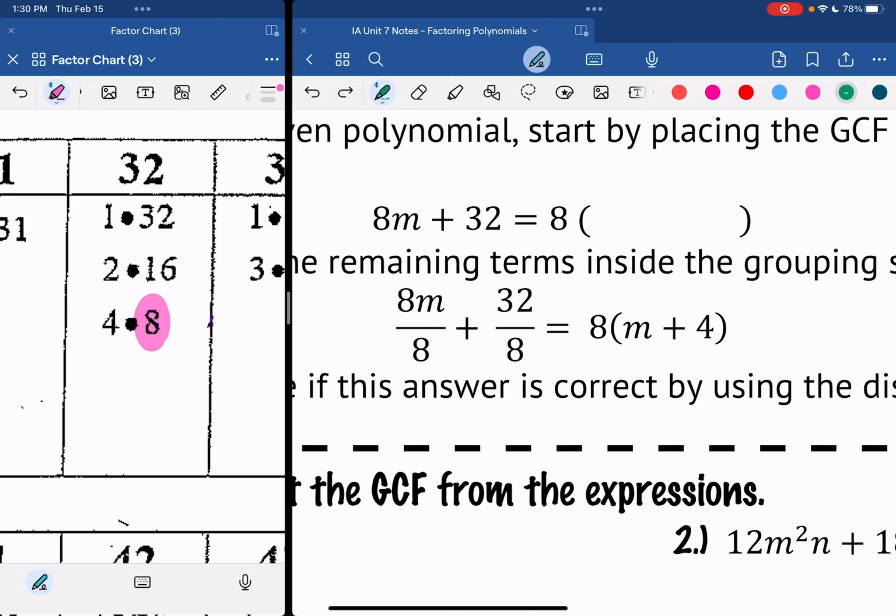So 8 is the greatest common factor between 8m and 32, because 32 can be rewritten as 8 times 4. See how they both have an 8? So we're going to take that 8 out, and then write the inside as 8m divided by 8 plus 32 divided by 8.